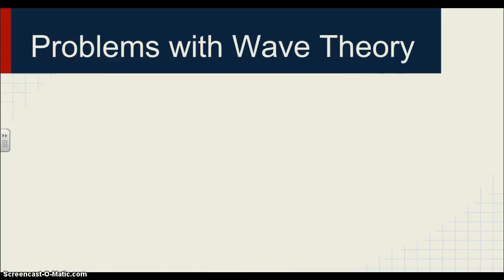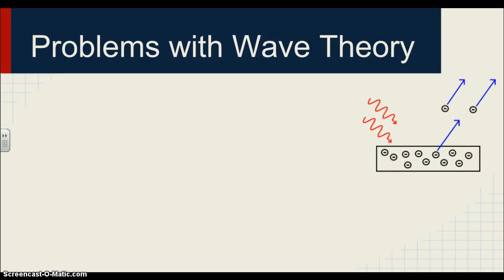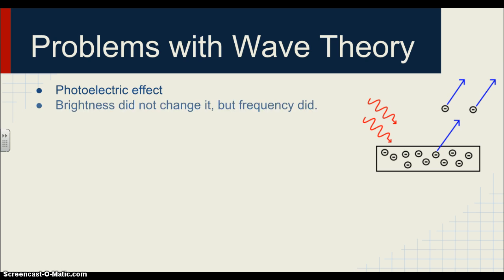There were 2 experiments in particular that really caused waves, let's say. First of all is something called the photoelectric effect. There's certain metals that when you shine light on their surface, electrons are going to fly off the surface. And scientists were working with this and trying to come up with equations that explained how this worked, and they found something weird.